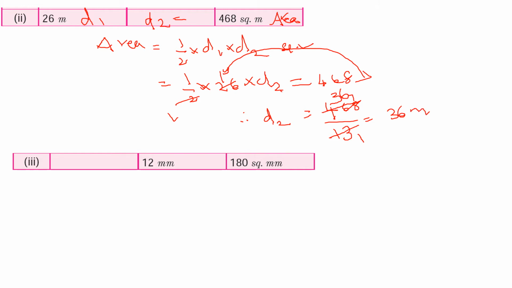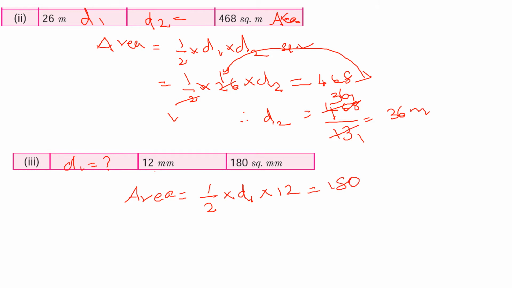Next, D1 we have to find, D2 is given. So here also that same formula, area equal to half into d1 into d2 square units. So half into d1 we don't know, and d2 is 12, equal to 180.